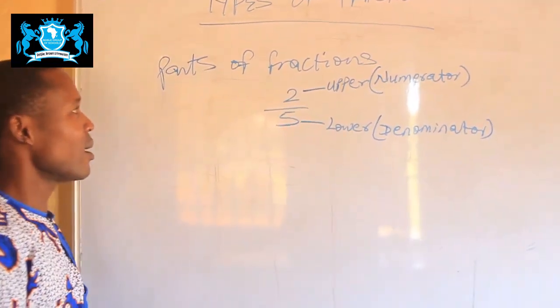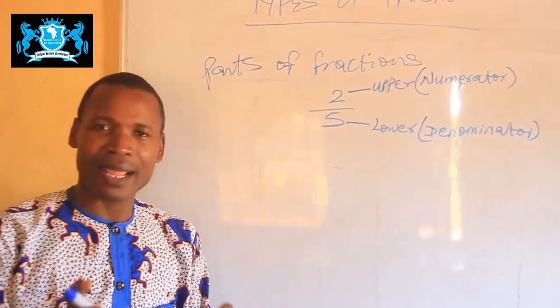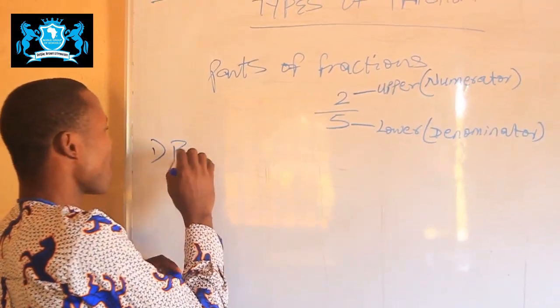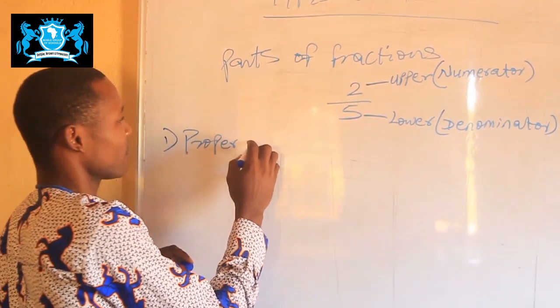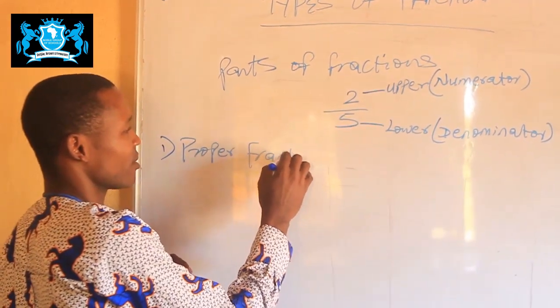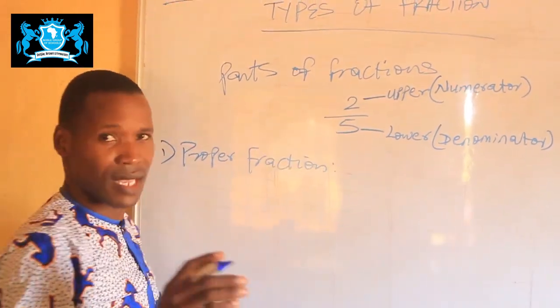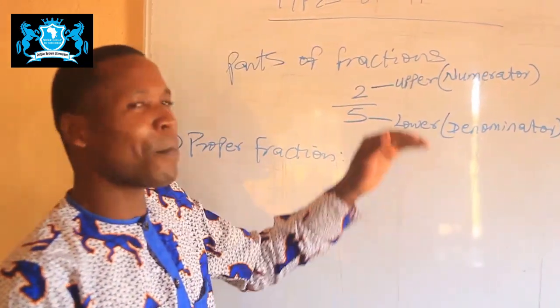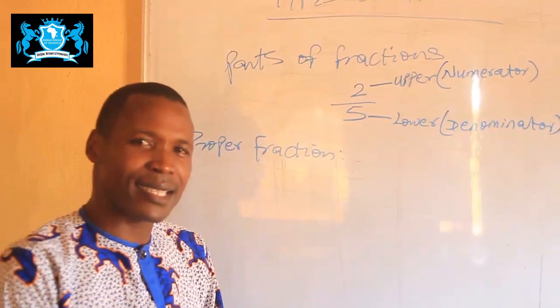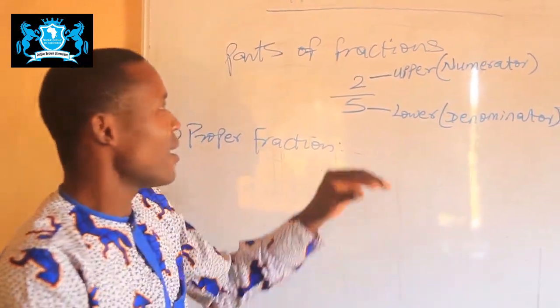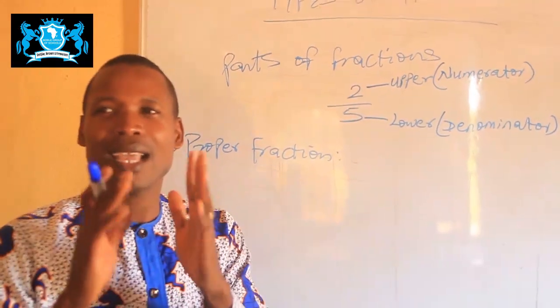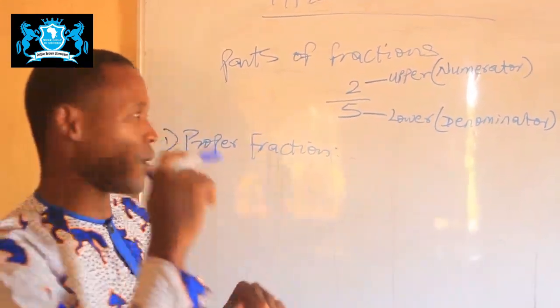But then we have, like I said, three kinds of fraction. Number one, proper fraction. What is a proper fraction? Any fraction in which the upper part is less than the lower part. That is, the numerator is less than the denominator.